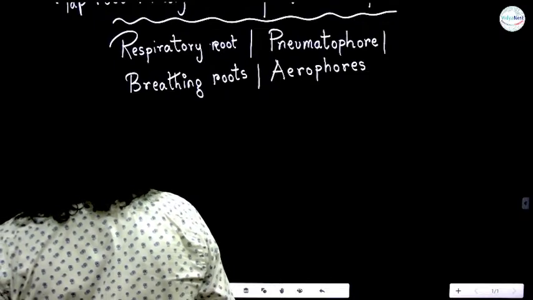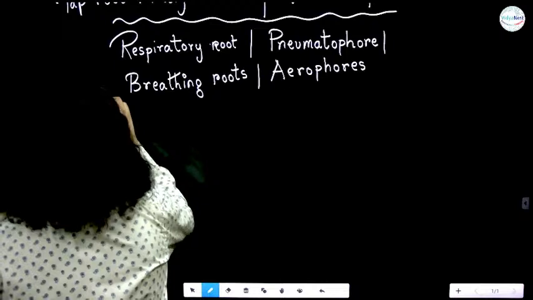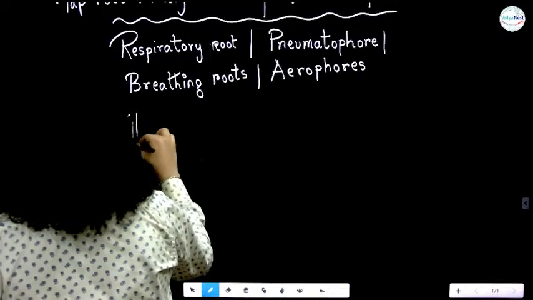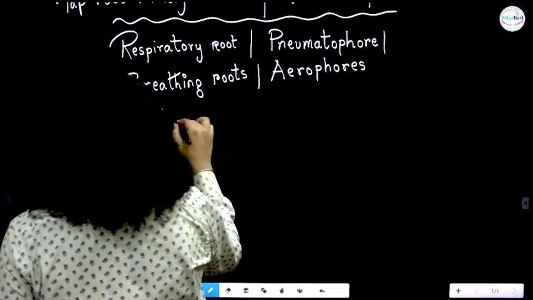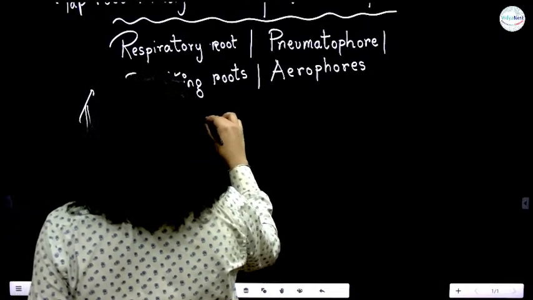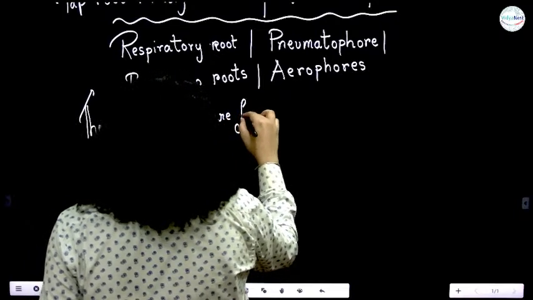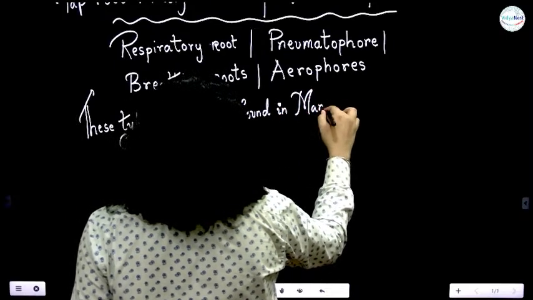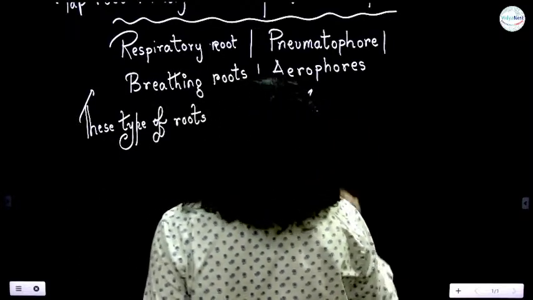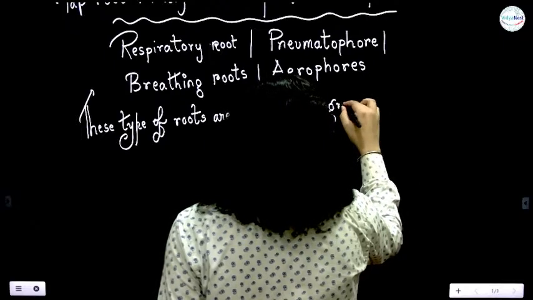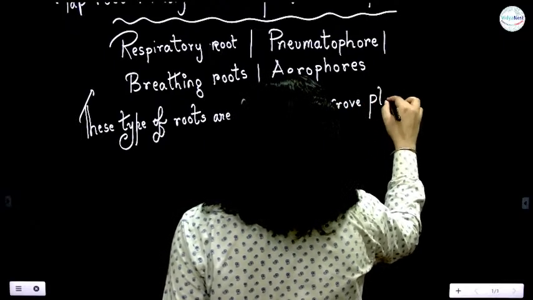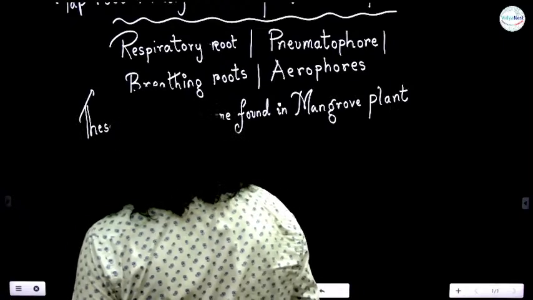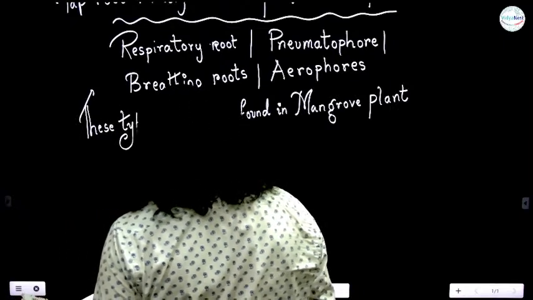Respiratory roots are present in mangrove plants. These roots are found in mangrove plants, which grow in marshy areas.